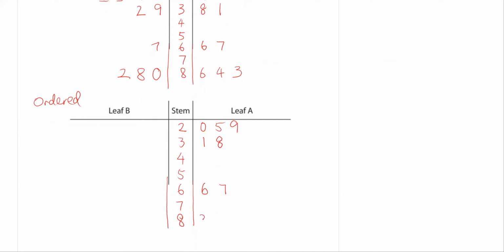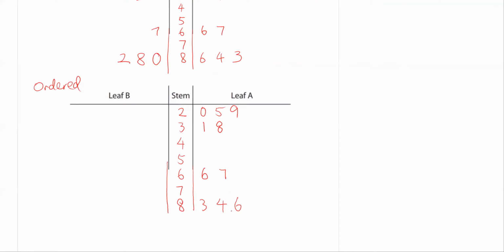Then we have 83, 84, and 86. Can you see how I've attempted to line up my numbers vertically so that if the length of a particular leaf section is longer than the other, I know that that's an accurate portrayal. You don't want to have some numbers all squished up and other numbers very spread out because it is misleading to our eye.